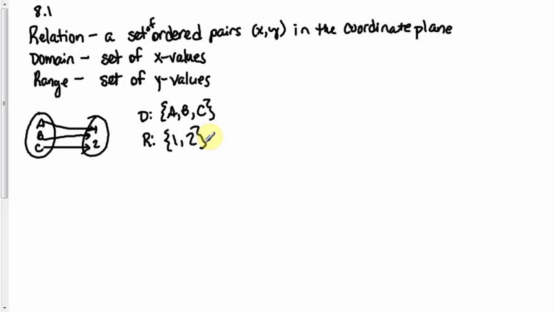If I asked you to write the relation itself, you would write the set of ordered pairs, A, comma, 1, B, comma, 1, C, comma, 2.